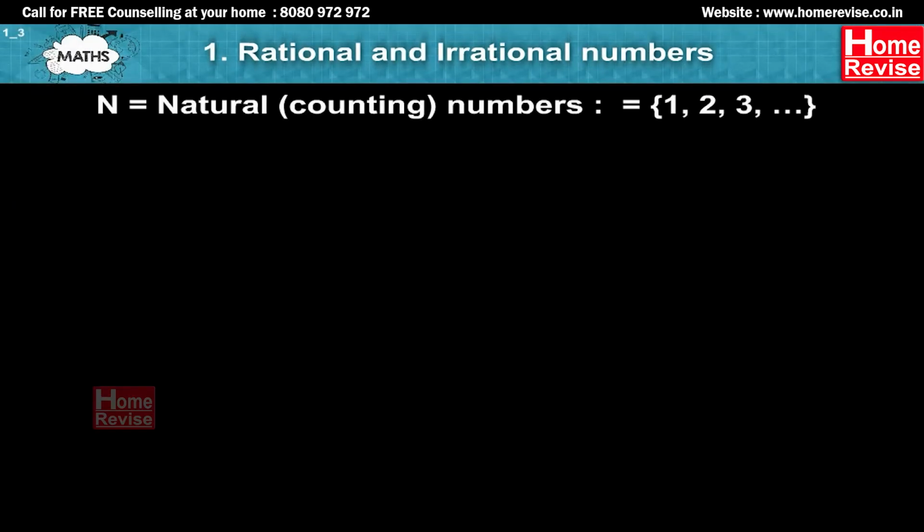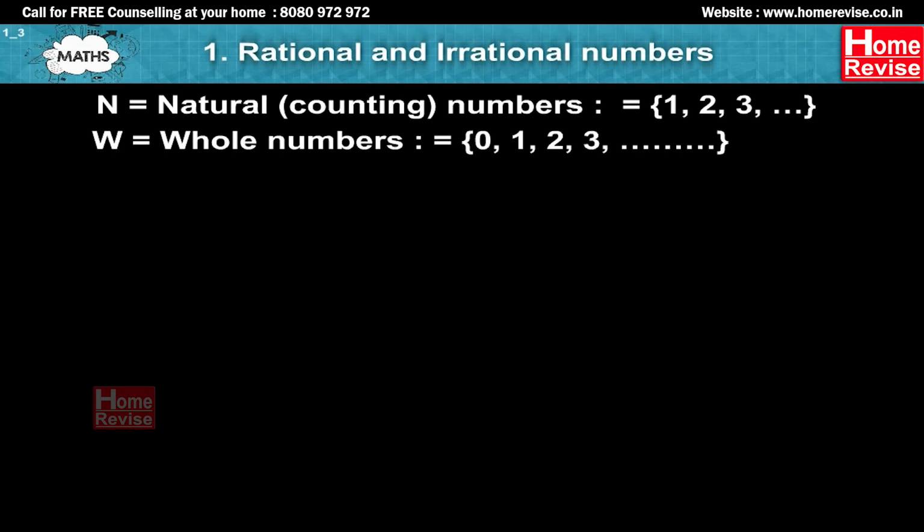N is equal to natural or counting numbers, that is equal to curly brackets 1, 2, 3 up to infinity, bracket closed. W is equal to whole numbers, that is equal to curly brackets 0, 1, 2, 3 up to infinity, bracket closed.